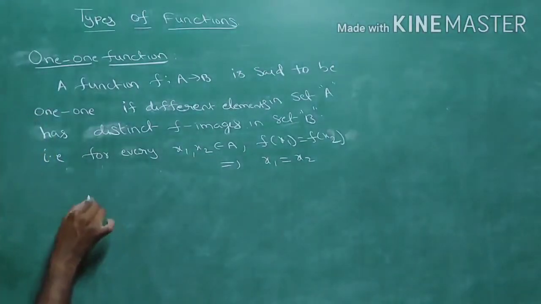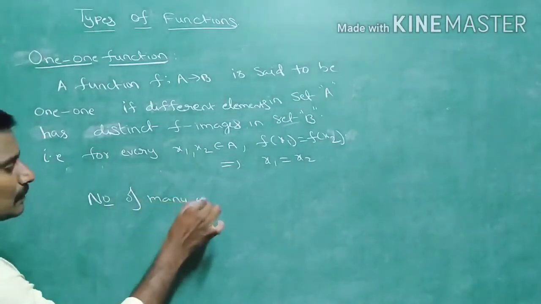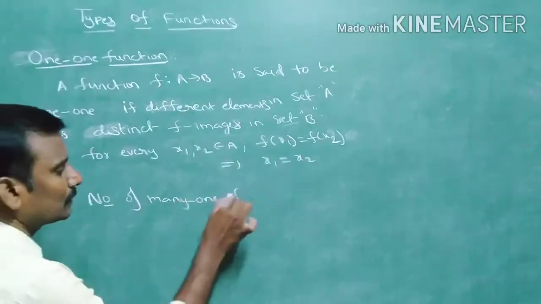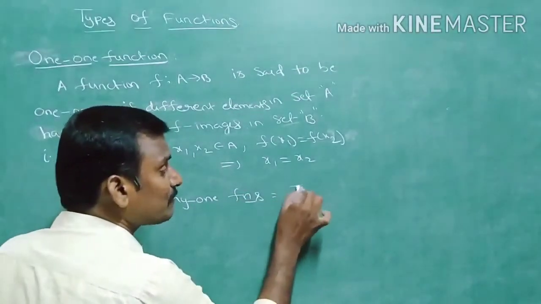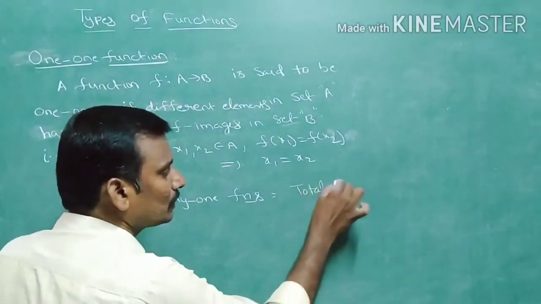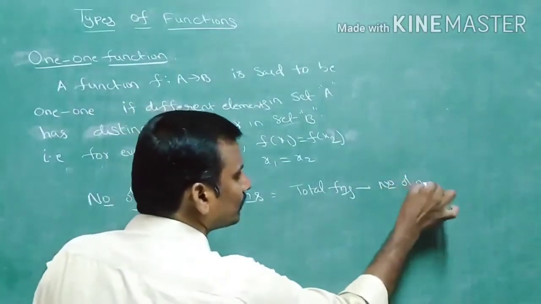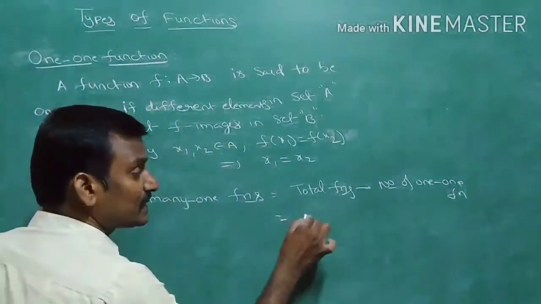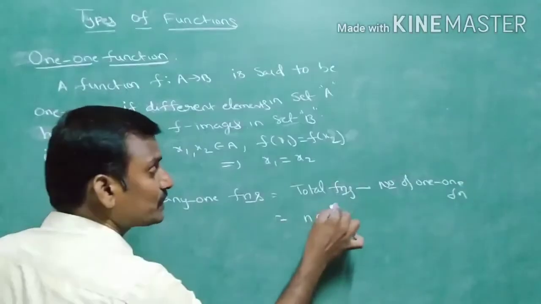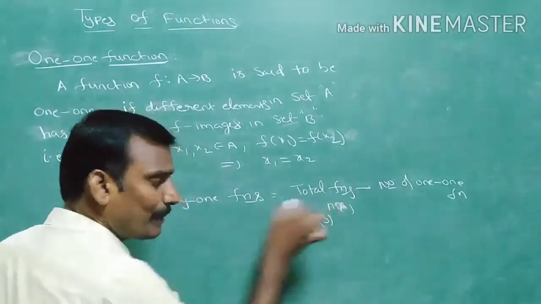So, the number of many-one functions is equal to the total number of functions minus the number of one-one functions. What is the number of functions formula? n(B) power n(A).